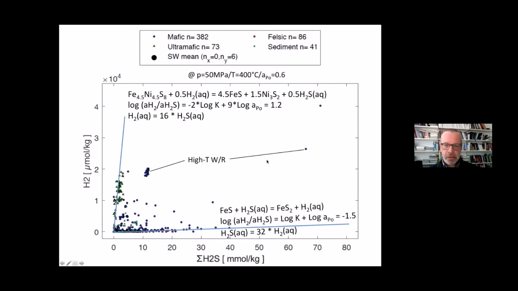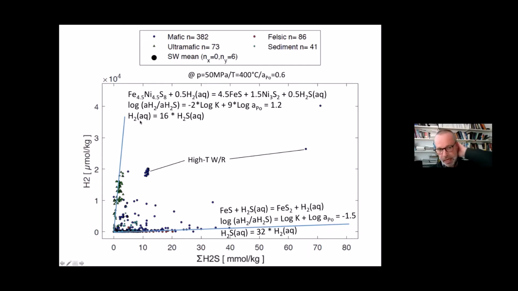So we're doing the same exercise and find an equation that relates these minerals and these two aqueous species that we've plotted, hydrogen sulfide and hydrogen. And we calculate the log K, and we appreciate the stoichiometry of the reaction to derive this relation, which tells you that the ratio of hydrogen over hydrogen sulfide in this type of buffer situation or control situation is 16.